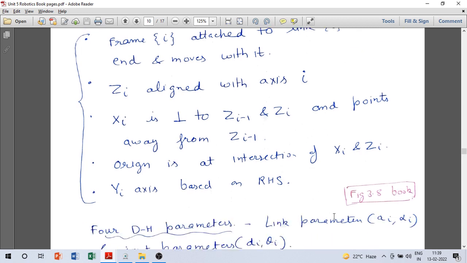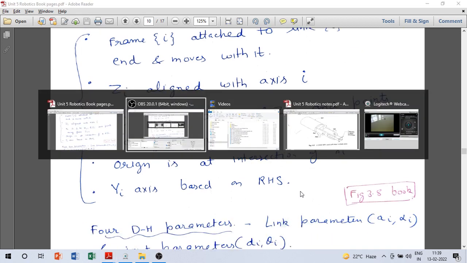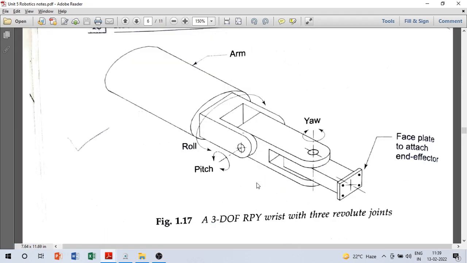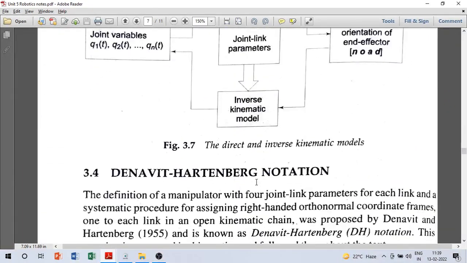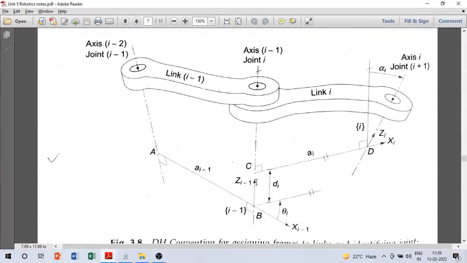So let us refer to this figure 3.8 in the book and go through this. So this is the figure. There is link i minus 1, link i, axis i minus 1, axis i minus 2.